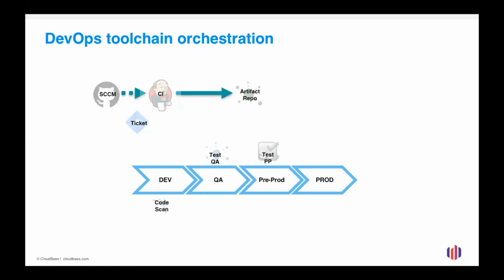We perform some tests. Some of the tests, and this is my example that I will show you, are not automated yet. Some of them are Selenium, and some are not automated. What happens in that case? Most companies send an email saying, I have installed the application in pre-production, you should test it.